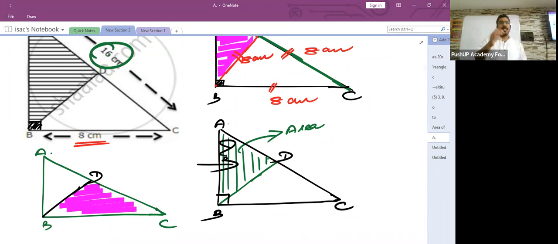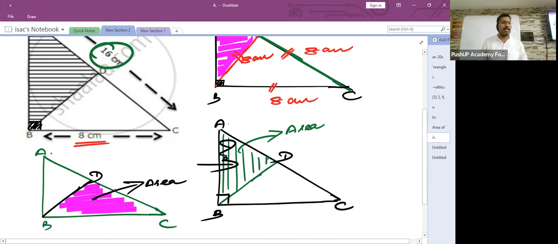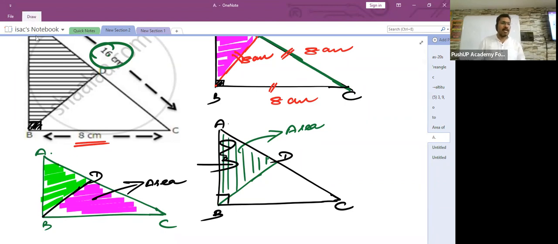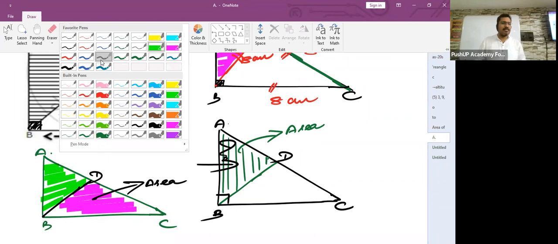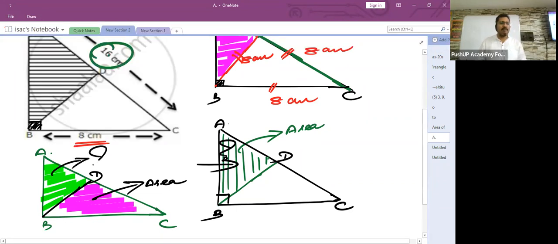Children, if I take the big triangle ABC and subtract the area taken away by triangle BDC, whatever region is left, or balance over here, won't that be the area of triangle ABD? It's a very simple concept, no children? Won't that be the area of triangle ABD?